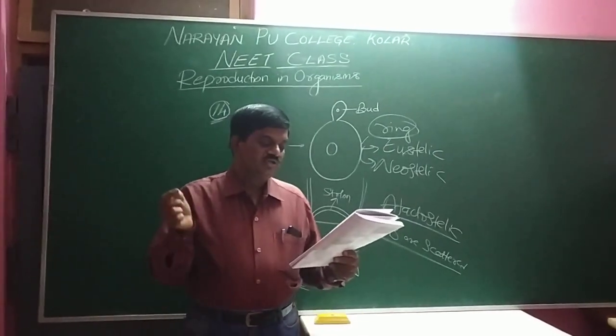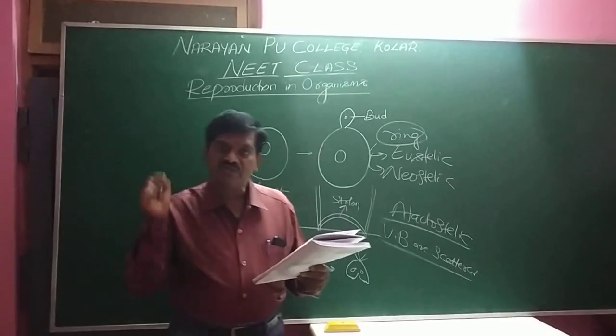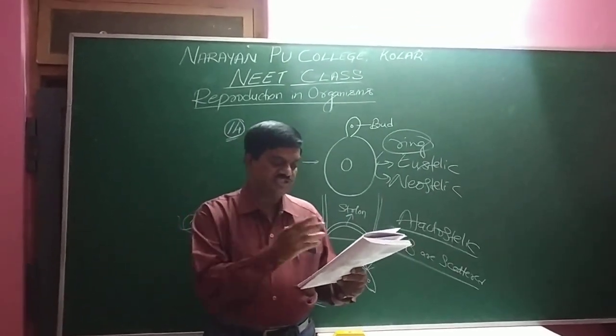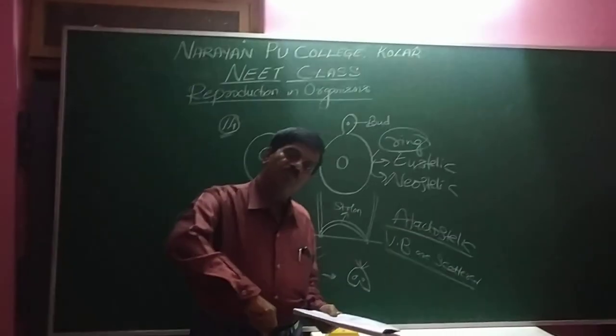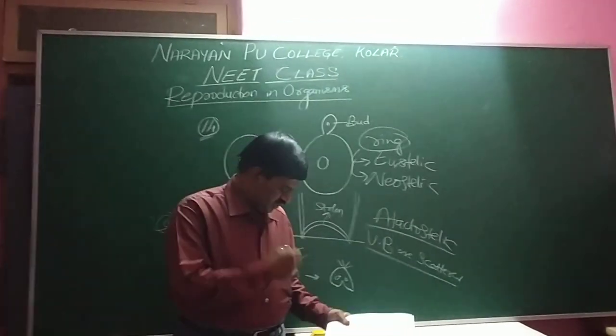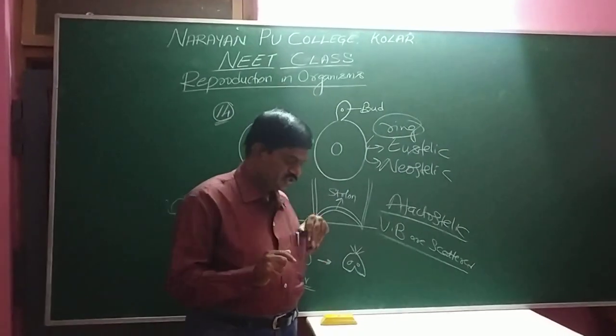The word oviparous is nothing but egg laying. Viviparous means giving birth to young ones. So this is whether development of a zygote takes place inside the body or outside. So this is right. Clear?